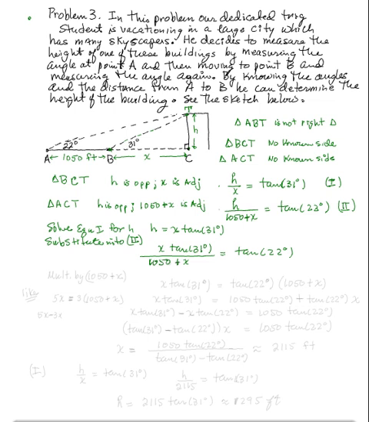So now we have one equation, even though it looks kind of complicated, with only one unknown, x, and if we apply our algebra skills, we'll be able to solve for x.